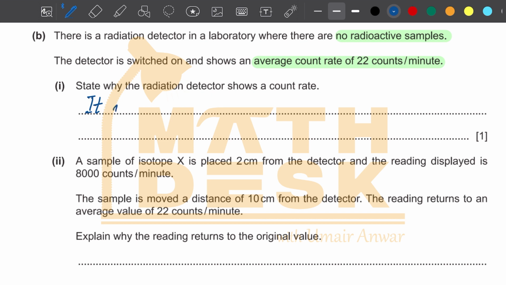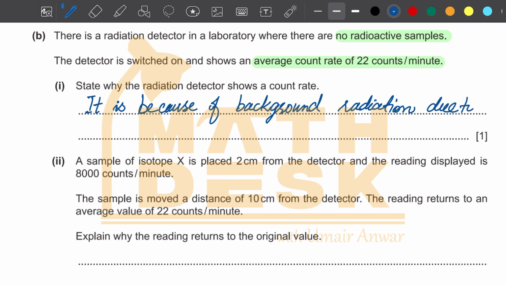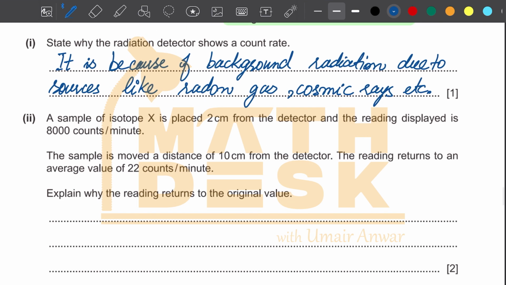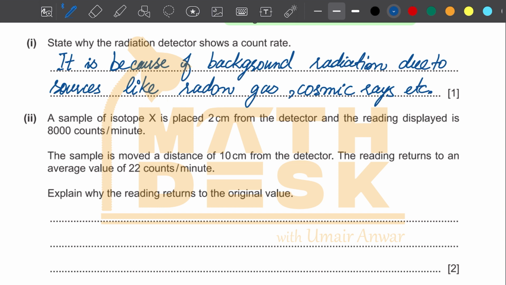It is because of background radiation, due to sources like radon gas, cosmic rays, etc. So these radioactive substances are normally present everywhere.